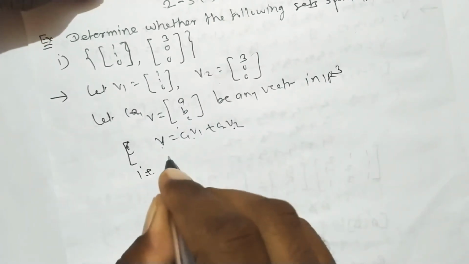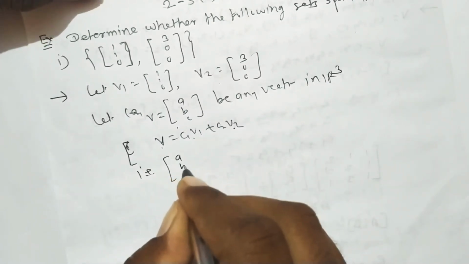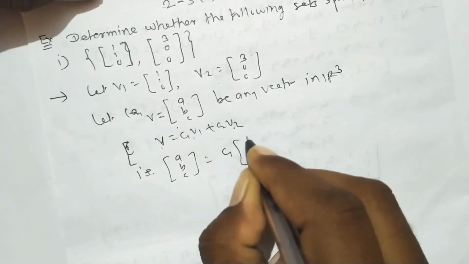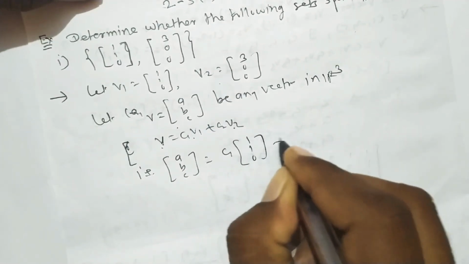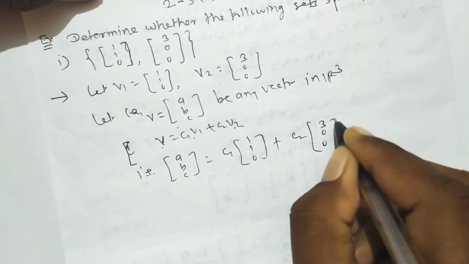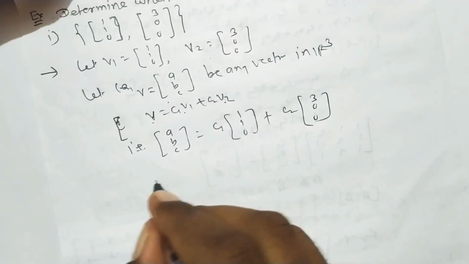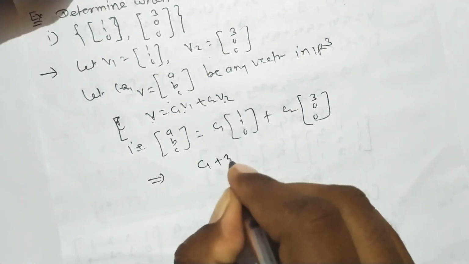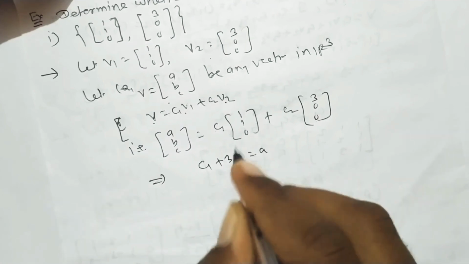Now we will check. So the vector v, a b c, is equal to c1 into v1, v1 is 1 1 0, plus c2 into v2, v2 is 3 0 0. Okay, now by equality of matrices, 1 into c1 is c1 plus 3 c2 is equal to a.